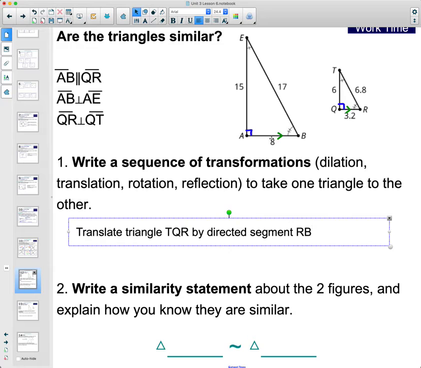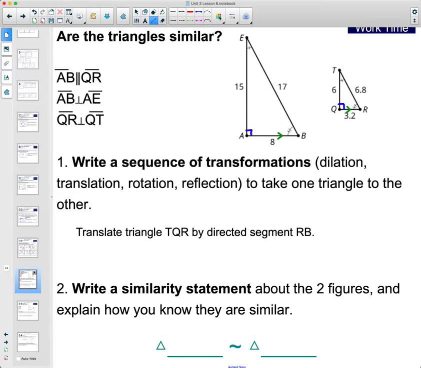Then I just need to figure out how much bigger this ABE is than TQR. So comparing any two corresponding parts, any two sides that are similar, I'm just going to compare AB to QR.